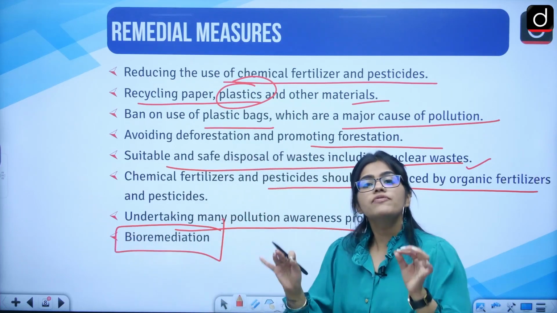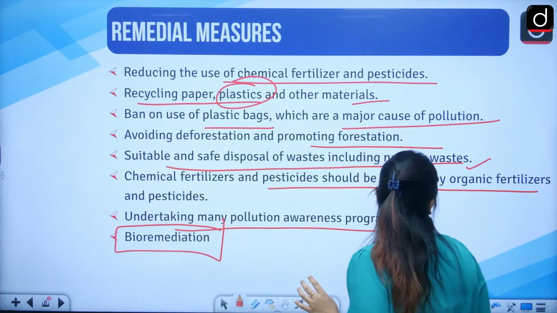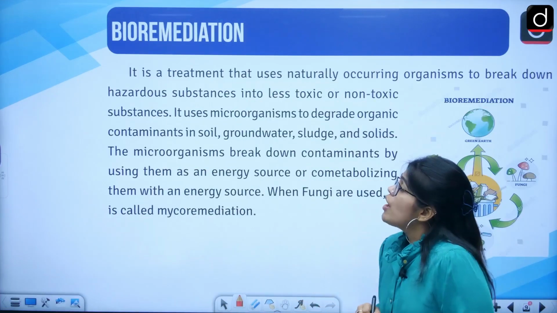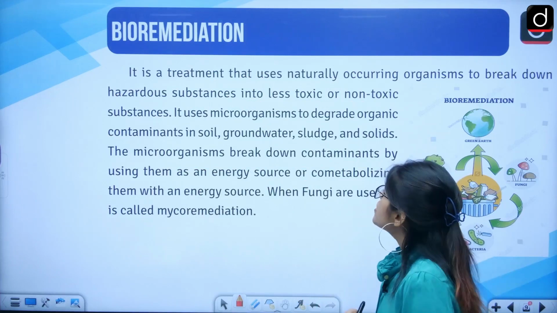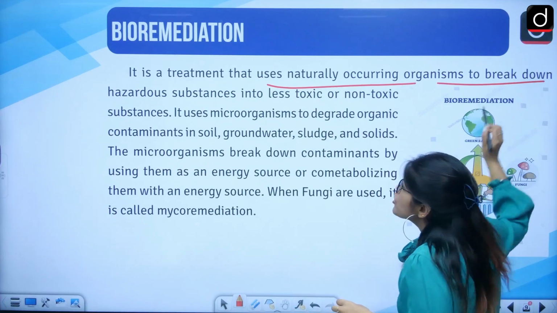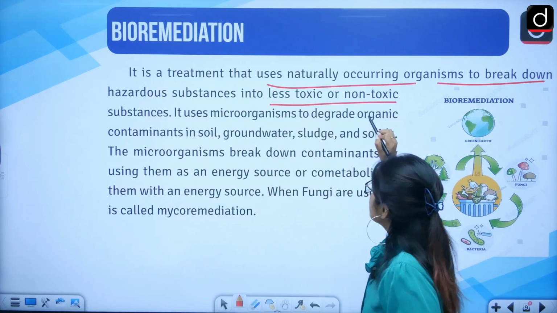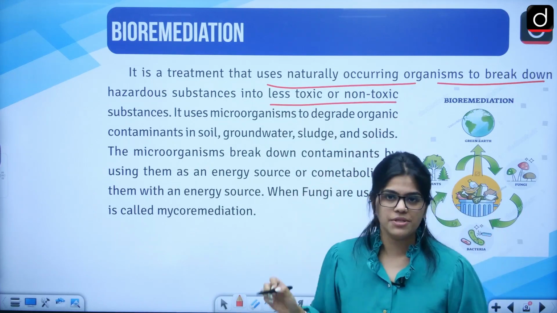You can improve the quality of the soil by using different microorganisms. Now, what is bioremediation? It's a treatment that uses naturally occurring organisms to break down different hazardous substances into less toxic or non-toxic substances.